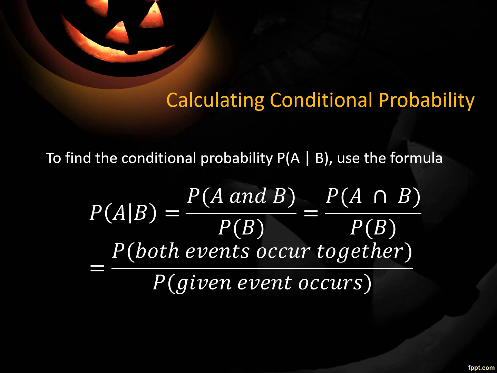So the probability of A given B, that's our conditional probability, is the probability of A and B divided by the probability of B. And we have our new symbol here for the intersection, like when A intersects B. If you like it in words better, it's the probability that both events occur divided by the probability that the given event occurs.